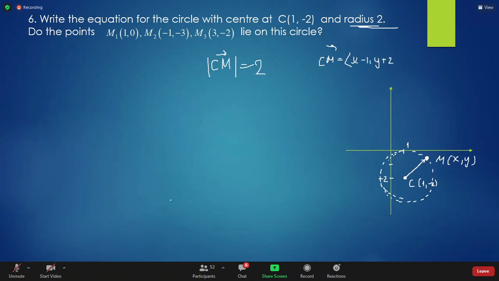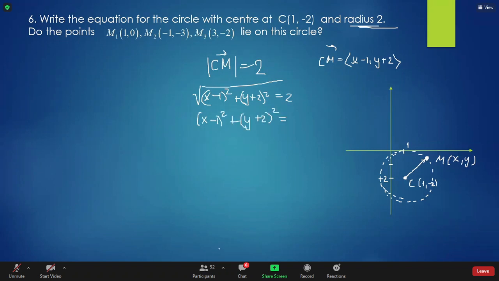Now we can find the magnitude, the length of the vector: the square root of x minus 1 squared plus y plus 2 squared equals 2. And simply squaring both sides, we get x minus 1 squared plus y plus 2 squared equals 2 squared.